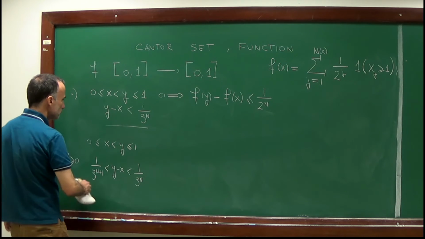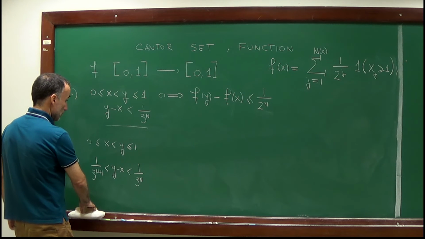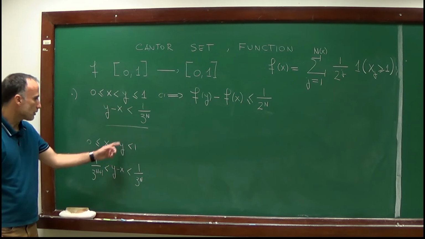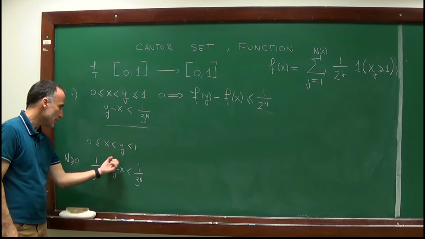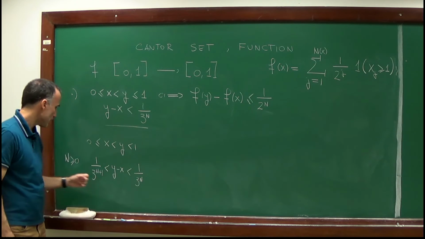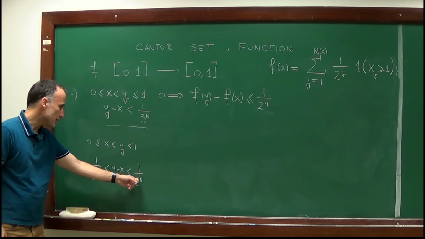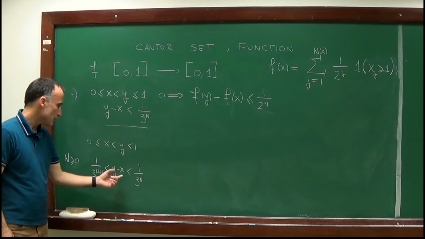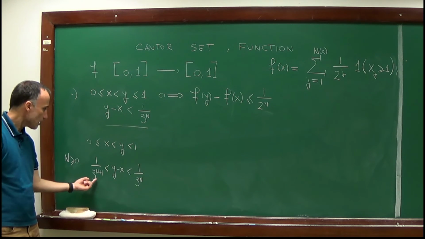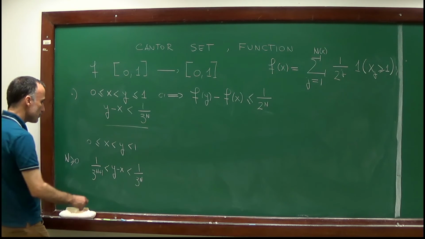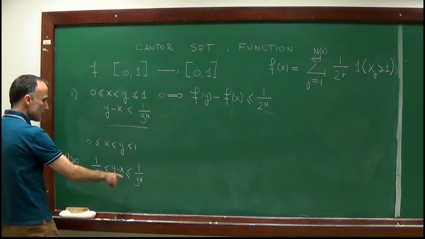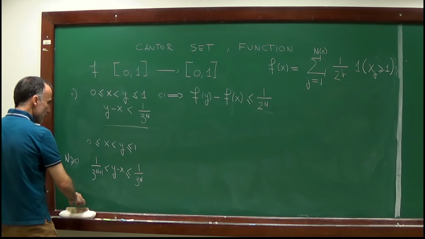So let me take x, y just to guarantee that y minus x is now smaller than 1. Therefore, this inequality holds for n equal to 0. So now I can find n such that this is smaller than 1 over 3^n, but it's larger than 1 over 3^{n+1}. And maybe let me put less or equal.